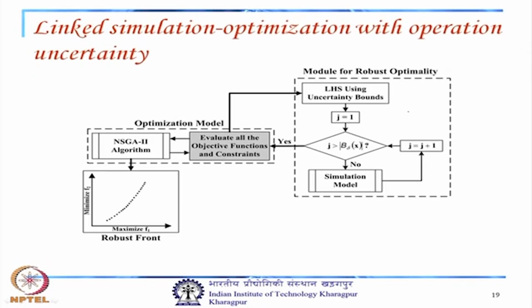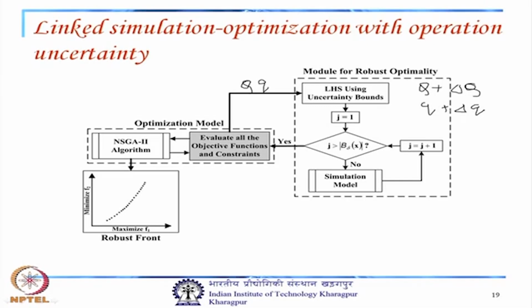There can be linked simulation optimization with operation uncertainty. We can run this simulation model for multiple realizations. We can give q and small q values, and we can generate q plus del q combinations. Del q is small variation, because in reality there will be variation of these values in field situations.